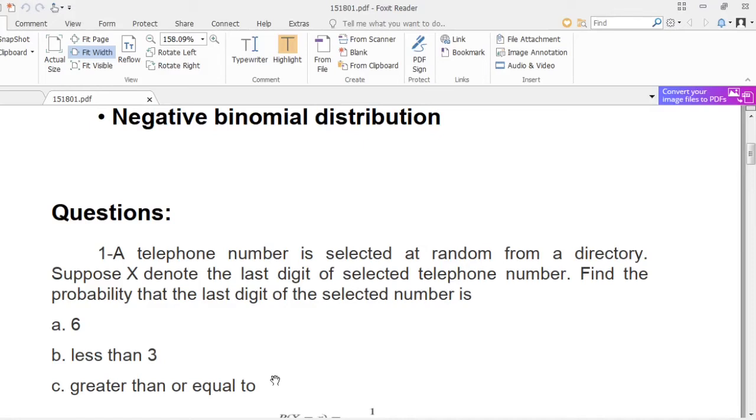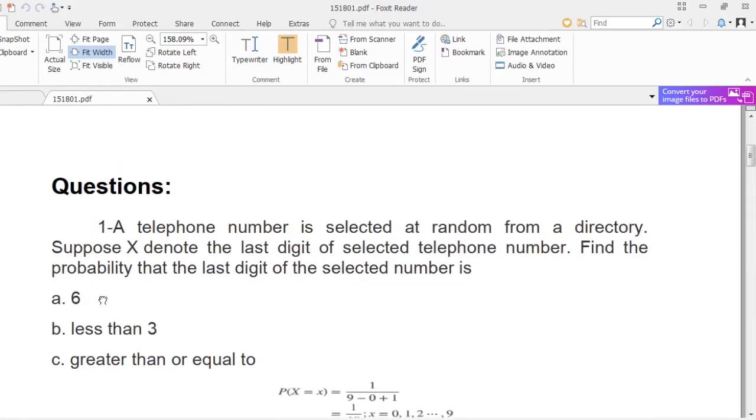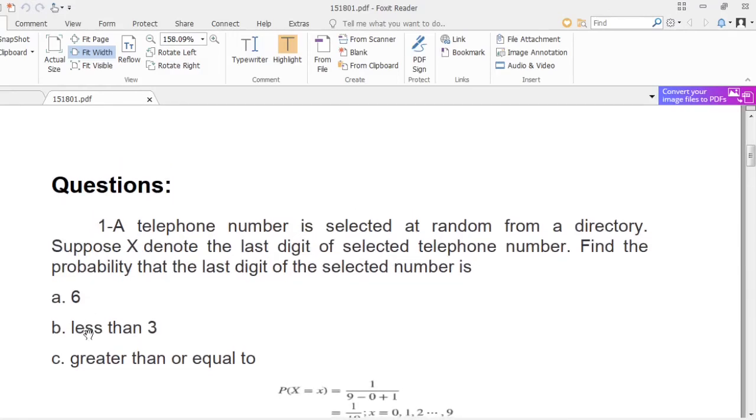As they all have the same probability, there is no chance that 0 will appear more than 9, or vice versa. So 6 will be the same as the others, which is 1 over 10. That's the uniform distribution.